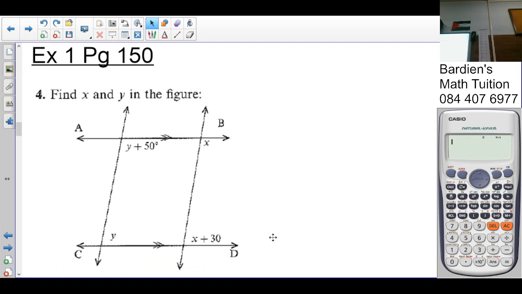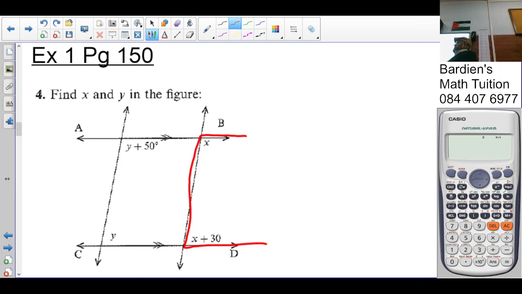Number 4. Where do we start here? x plus 30 plus x, yes? Equals 180. Why? Can you see that? Co-interior.